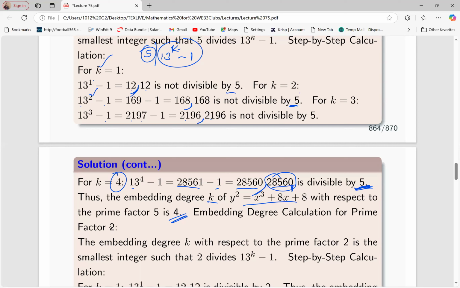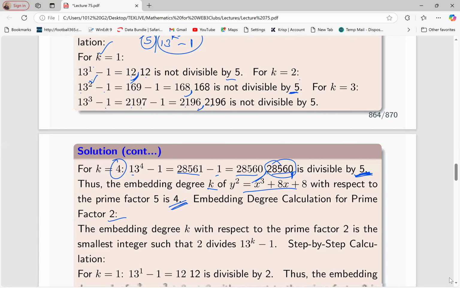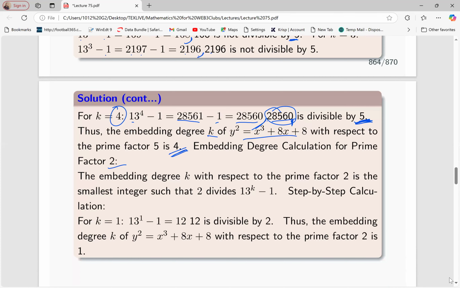Okay? Now, what about when the factor is 2? We want to look for k that will make this divisible by 2. So we try 1.